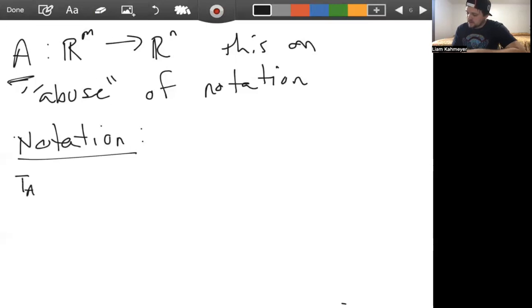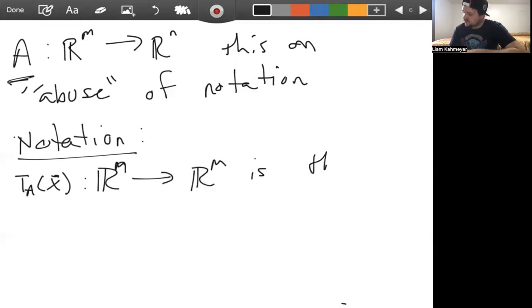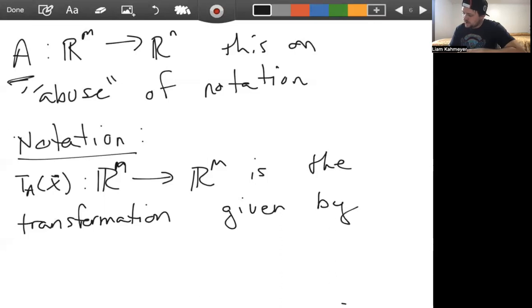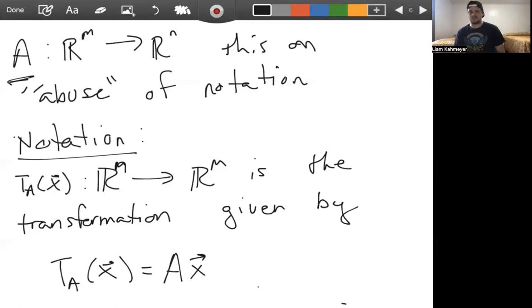We'll say T sub A of x, from Rm to Rn, is the transformation given by T sub A of x equals A x, right?